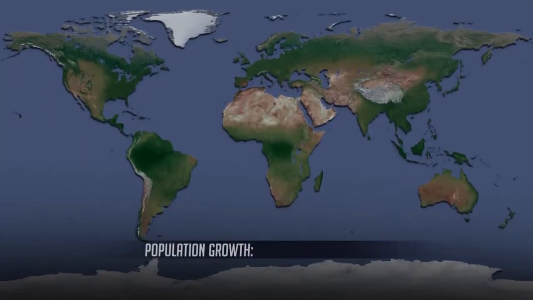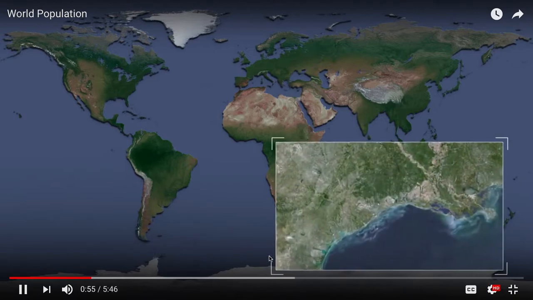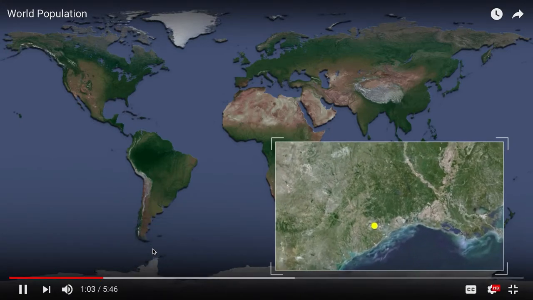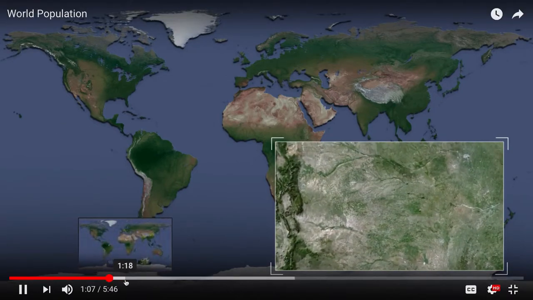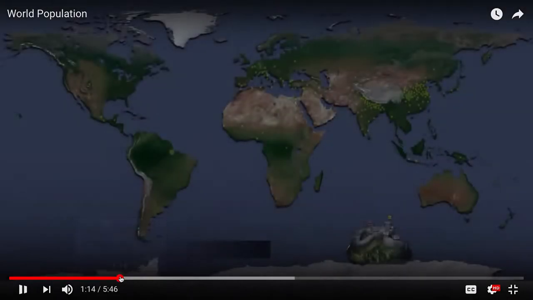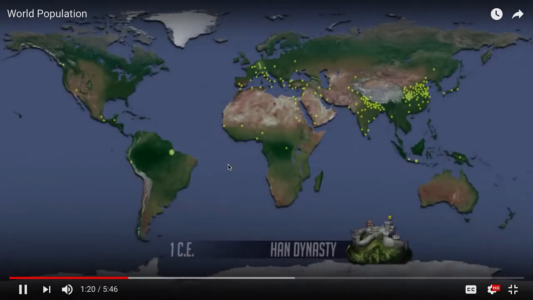And were there any times where you didn't have growth or maybe the population went down? So this will go from 1 CE, which is basically like year 0, up through 2050, so a little bit into the future it projects. And in the corner there will be historical notes. So just take a look at what's going on when you have lots of people.